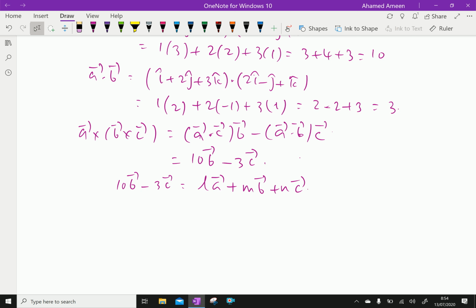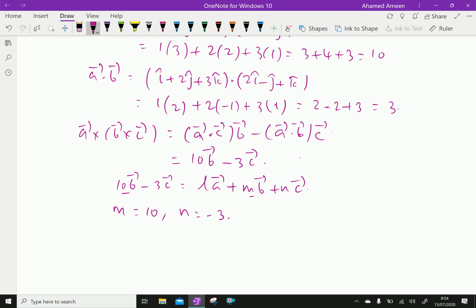Comparing the coefficients of like terms, here 10B and here MB, therefore M equals 10. And minus 3C against NC, therefore N equals minus 3.